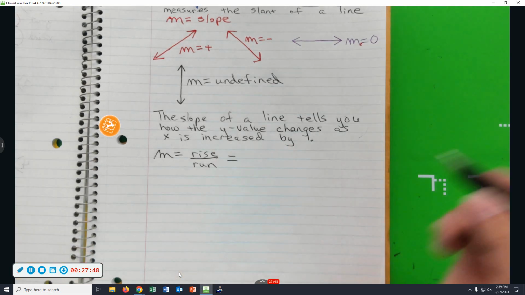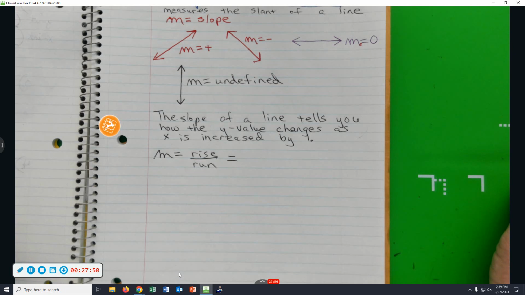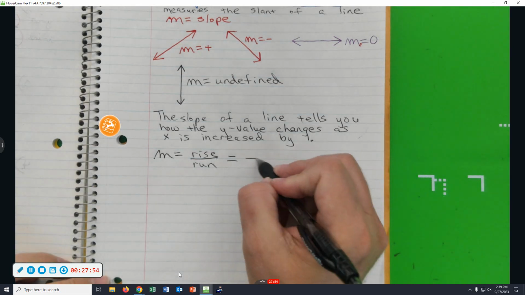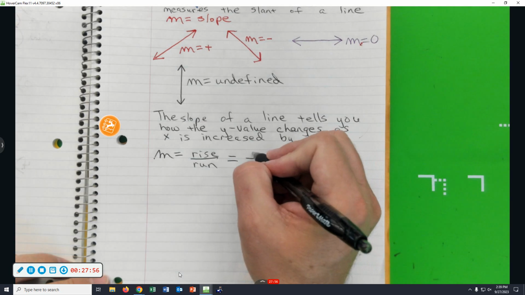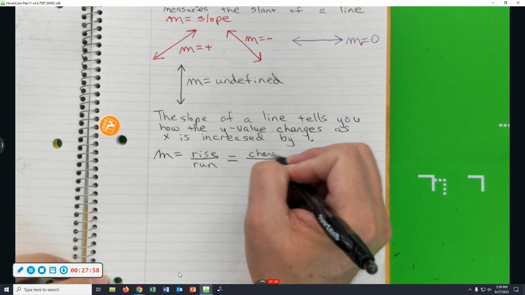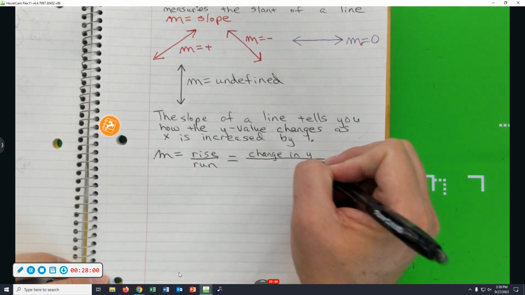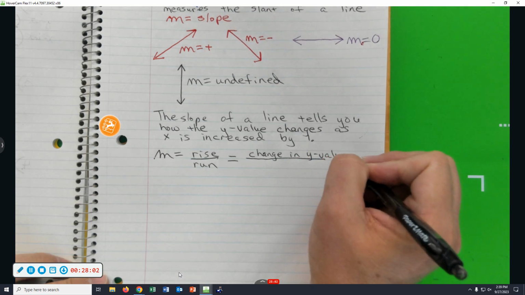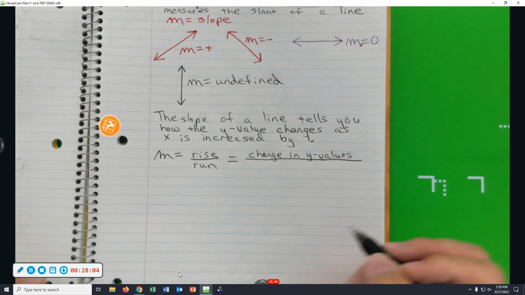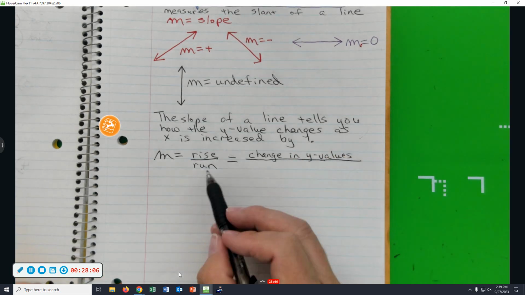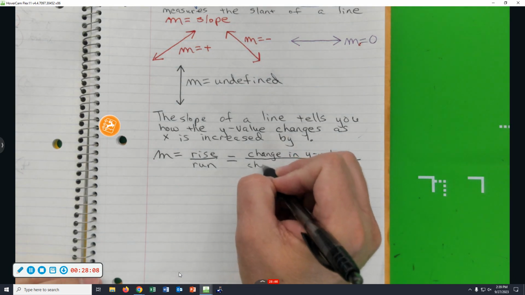I bet a lot of y'all have heard that phrase before. By that I mean you're looking at the change in the y values. How are the y values changing on a graph in relation to the change in the x values?